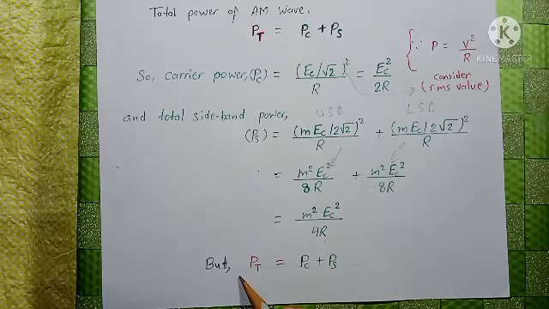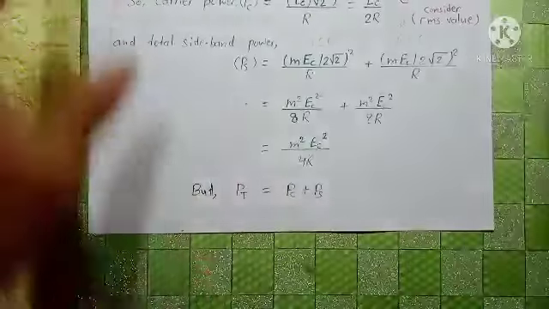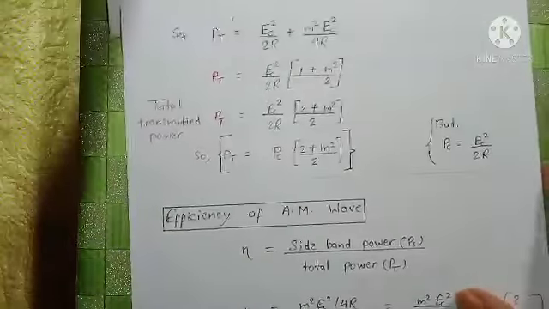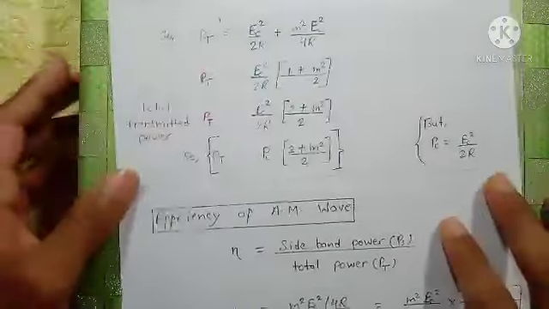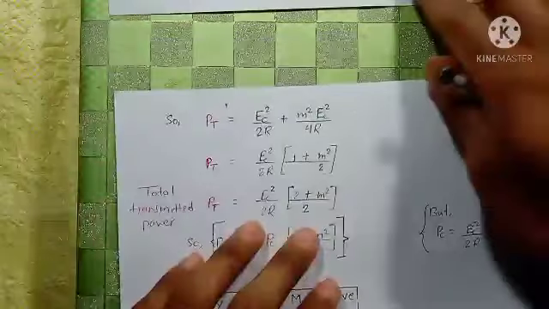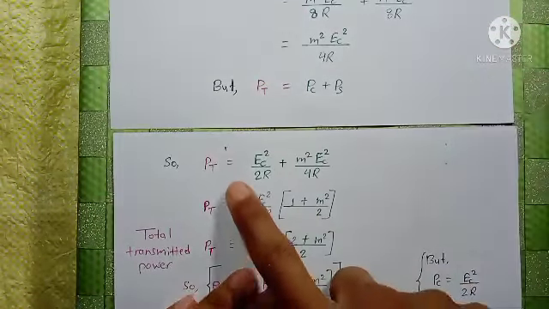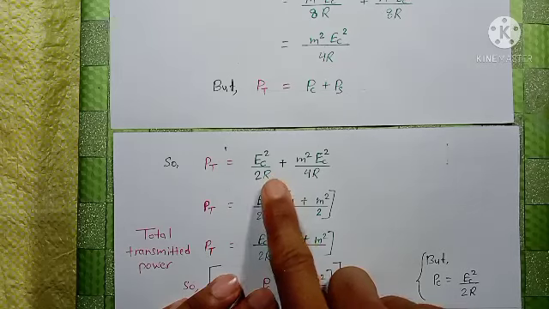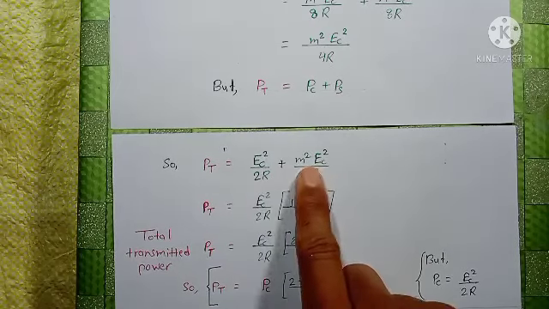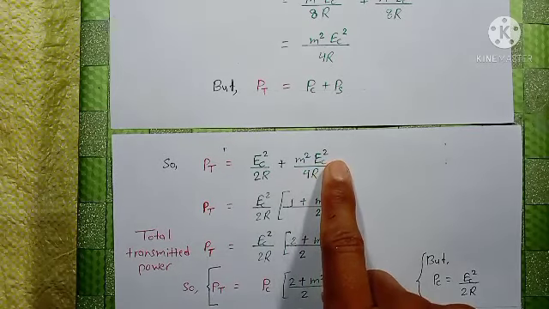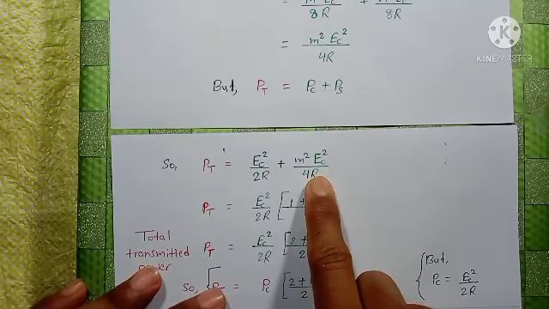But we know that the total power PT is the sum of the carrier power and the sideband power. So PT is equal to Ec square divided by 2R plus m square Ec square divided by 4R.